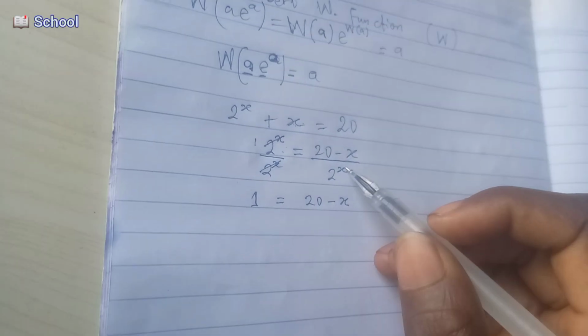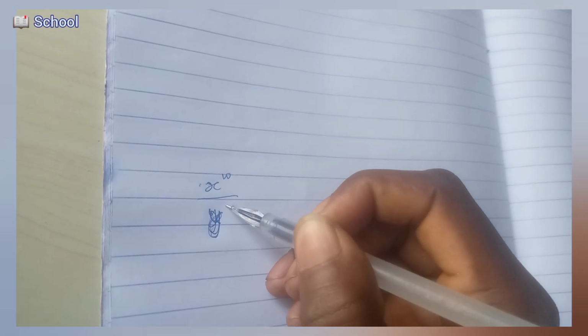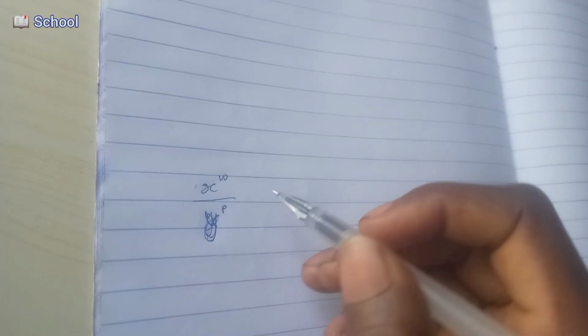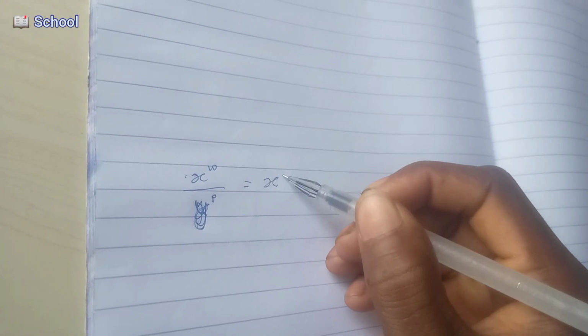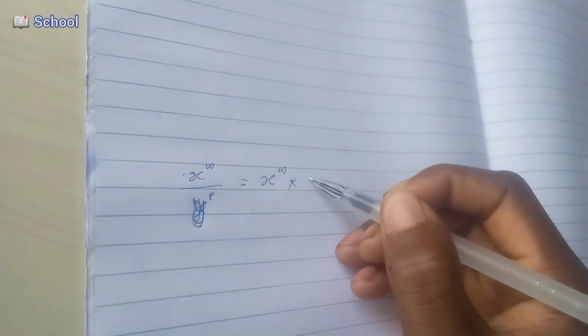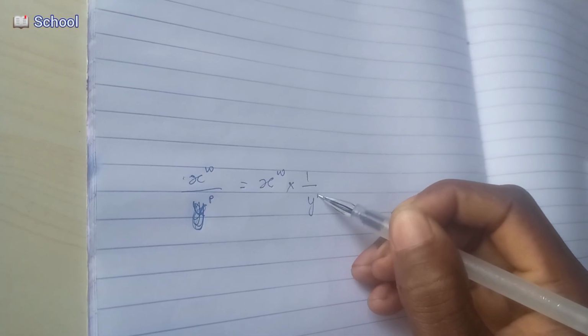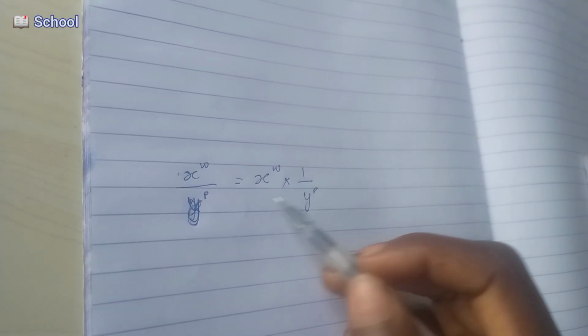Now this is where you use your knowledge of indices. See, there is this rule in indices that if you have something, let's say x to the power w all over y to the power p, this thing can be reformed to be equal to x to the power w times 1 over y to the power p, right? Because when you multiply it, you still get back this.